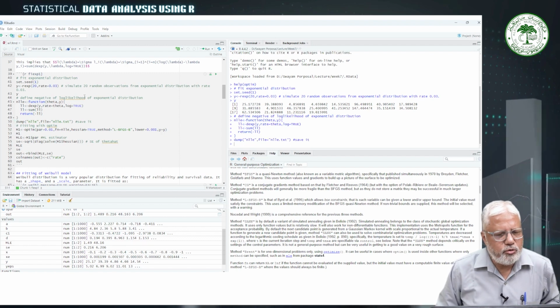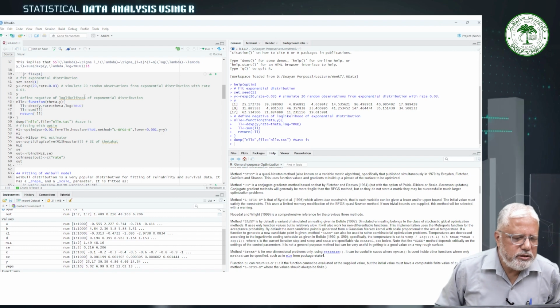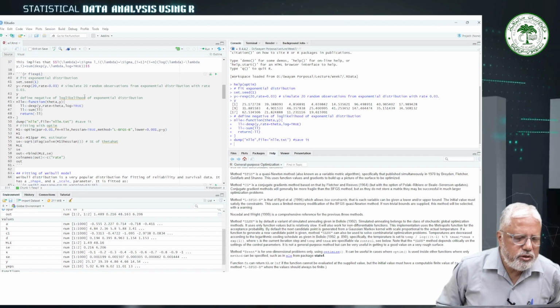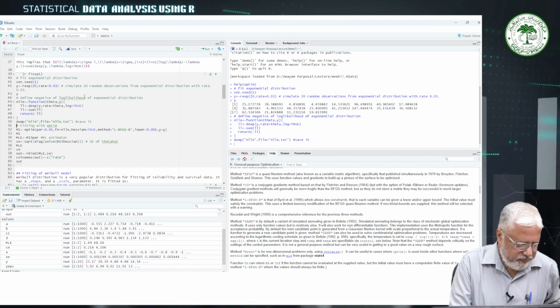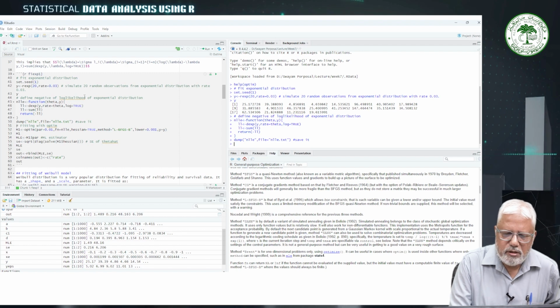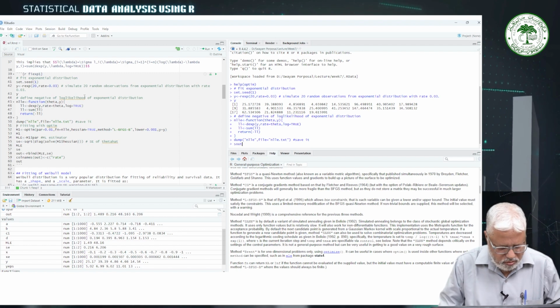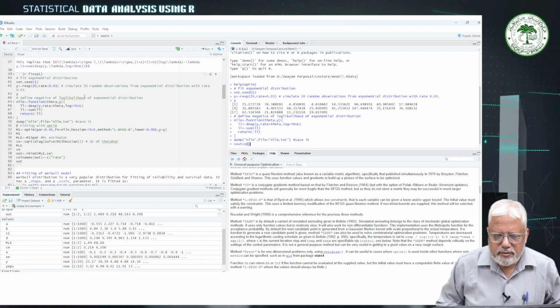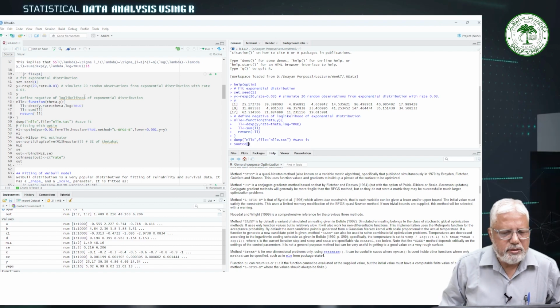We can source it using the function source, which we are not writing here, but we can.